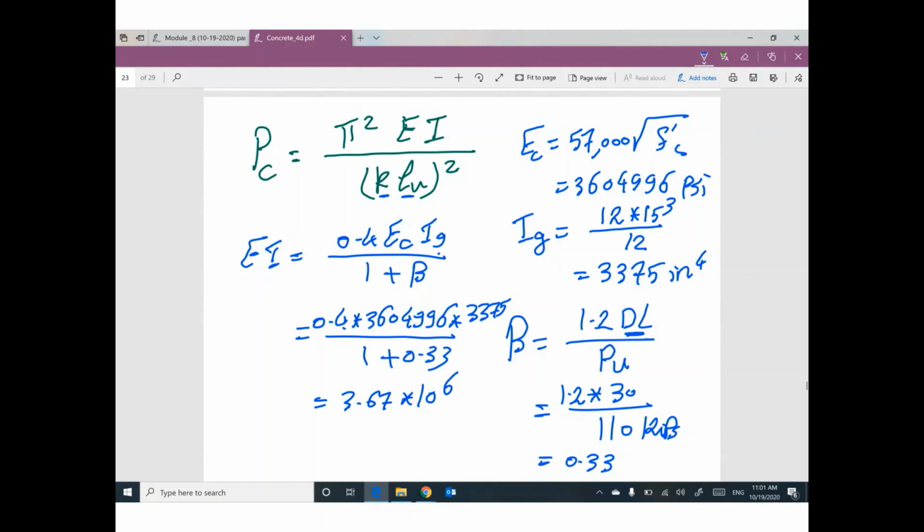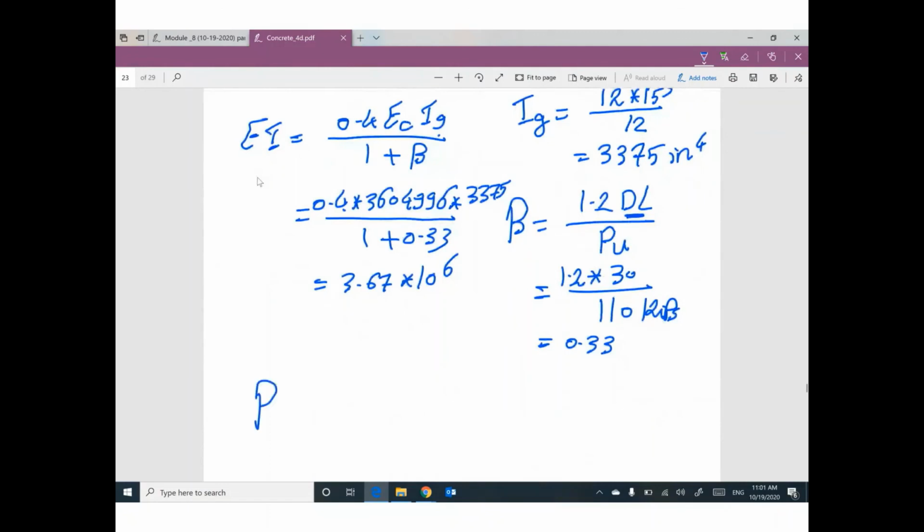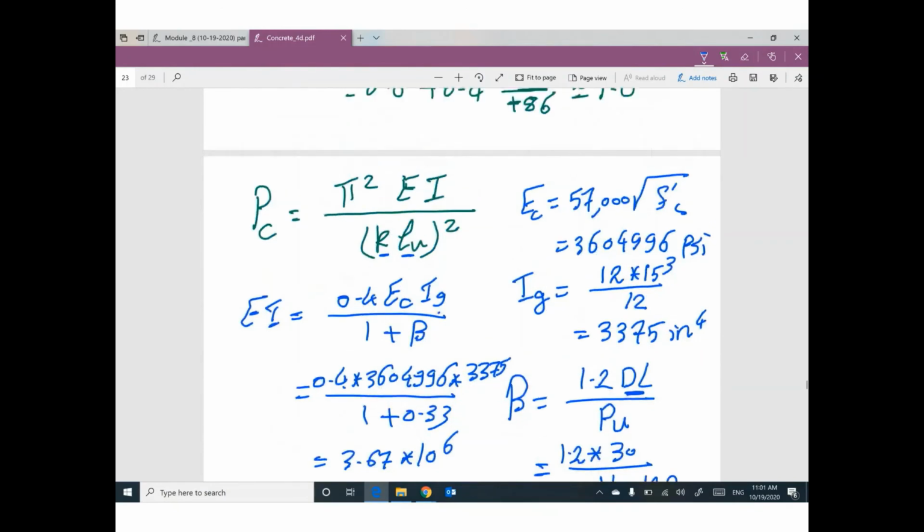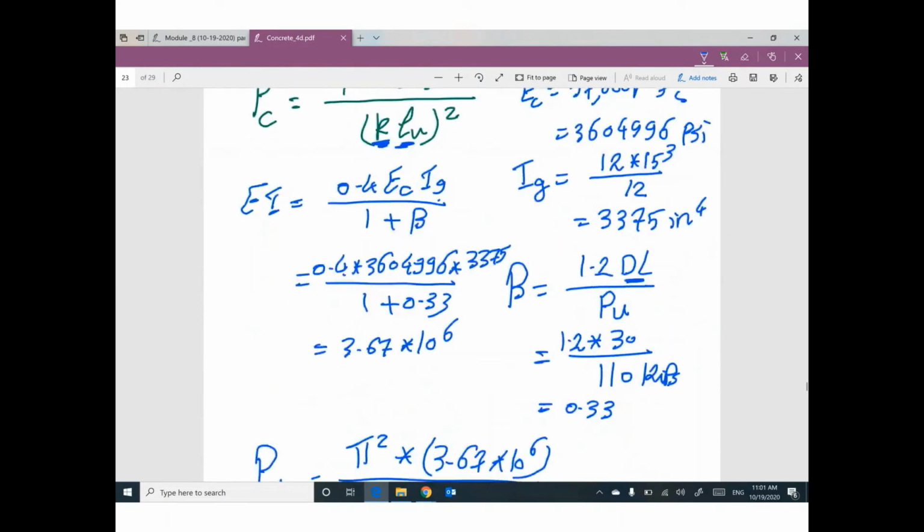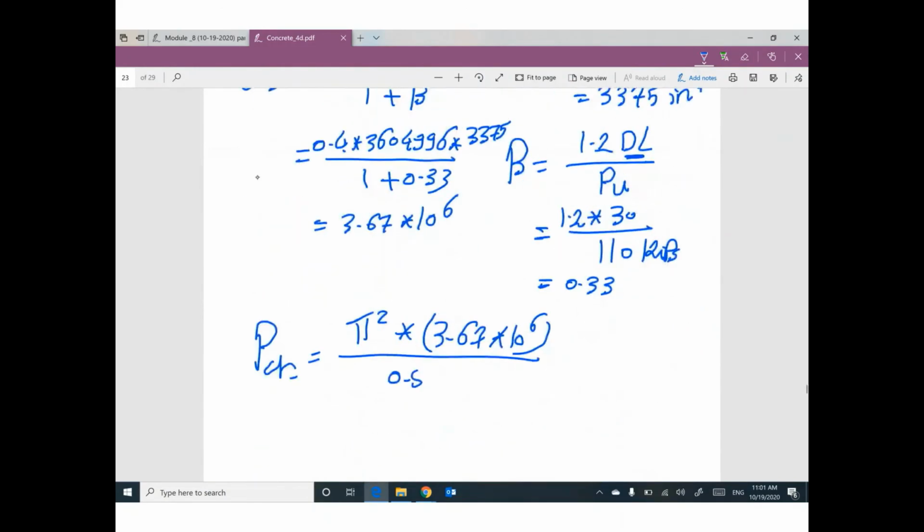So P critical will be pi squared times EI, which is this number, divided by K L, 0.83, I think, L unsupported length 16. I will multiply it by 12 to be in inch.